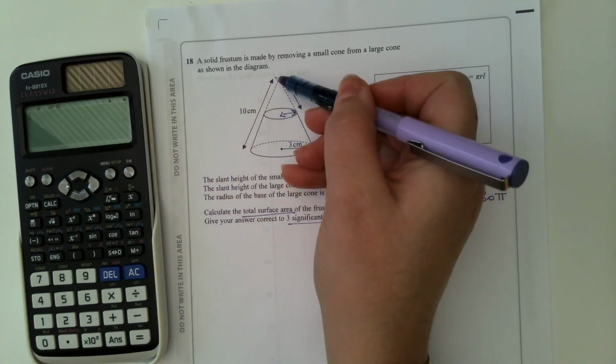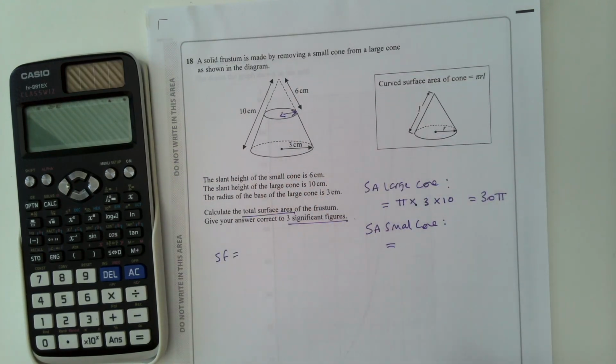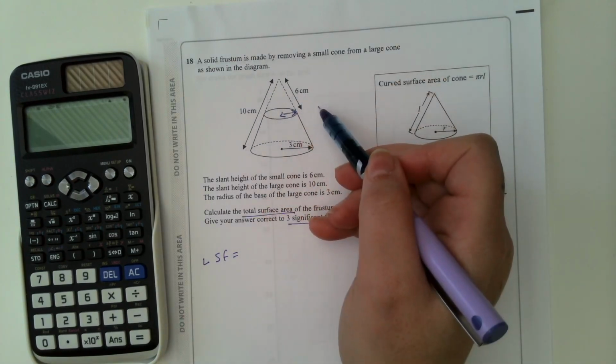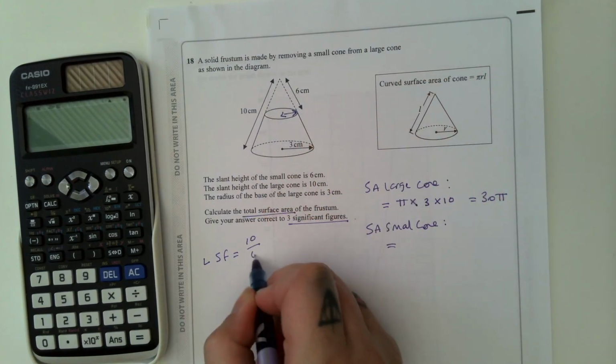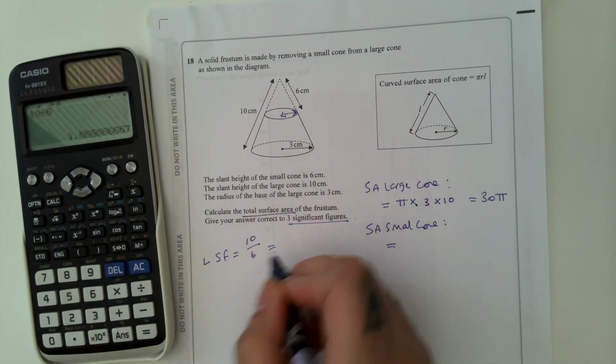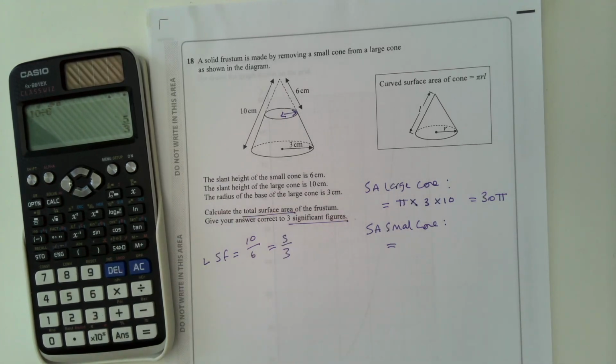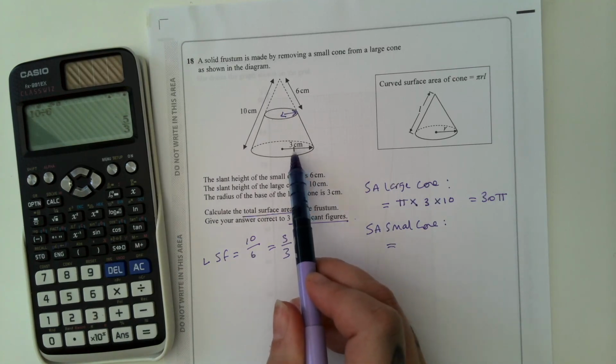And because we know the slanted height of each, we can work out a scale factor. And this will be the linear scale factor because we're dealing with height, okay? So 10 divided by 6 gives us a scale factor of, I'm going to leave it as a fraction, 5/3.